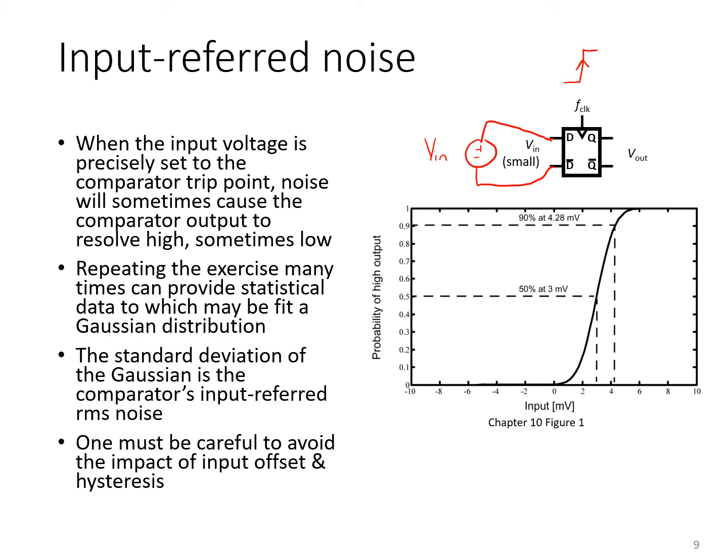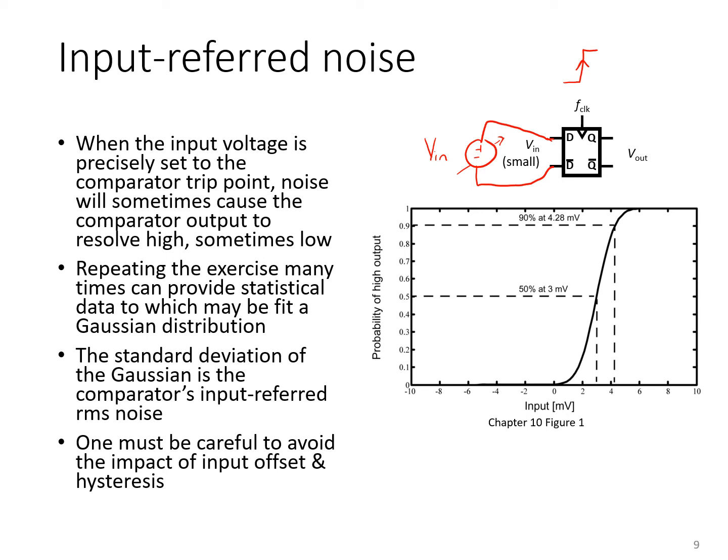That depends on the amount of noise in the comparator, which depends on the transistor sizes and bias currents flowing and so on, and it will depend on the value of the input voltage applied. So you'll have to repeat the simulation for each value of small differential input many, many times.